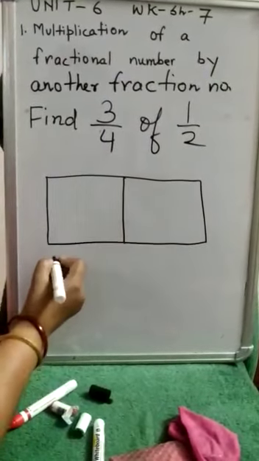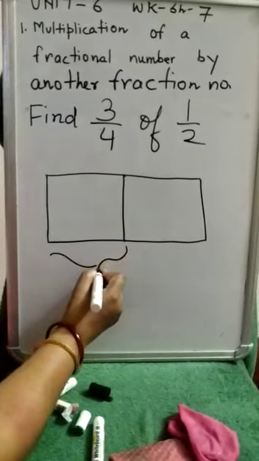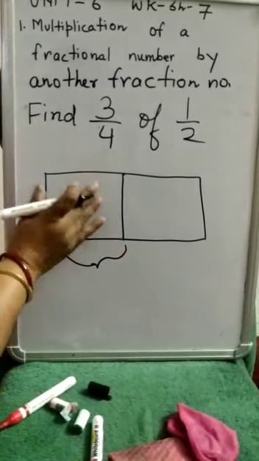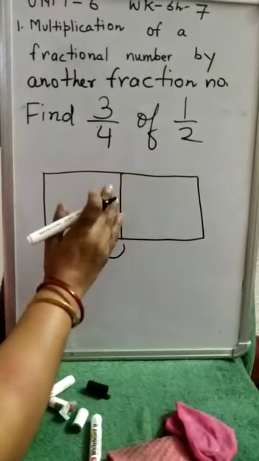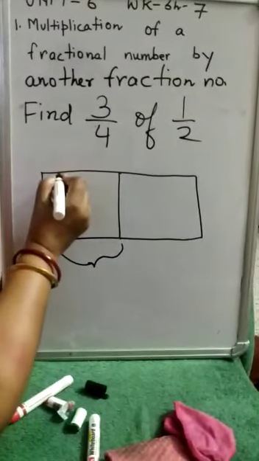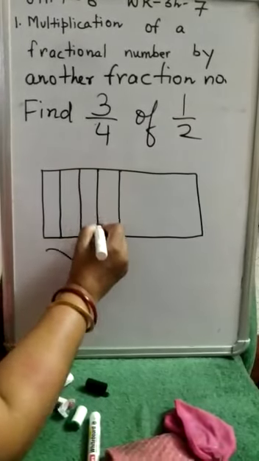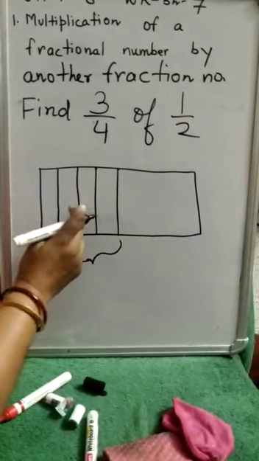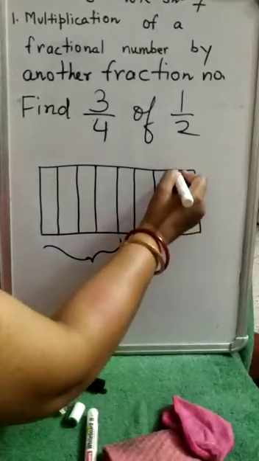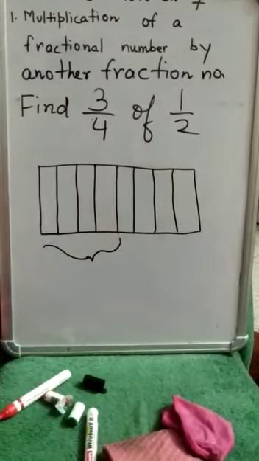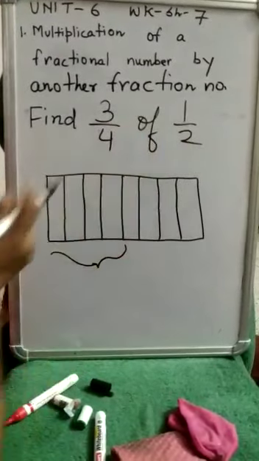This one. This is the half of this full rectangle. Now, we divide each half in 4 equal parts. One half is divided into 4 equal parts and the second half is also divided into 4 equal parts. Now, we want to find out this 3 by 4 of 1 by 2.